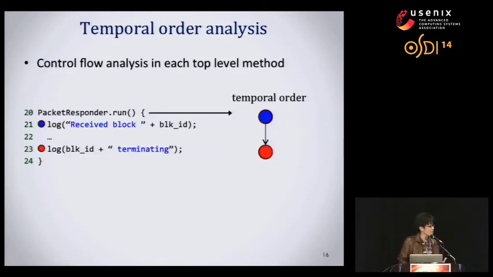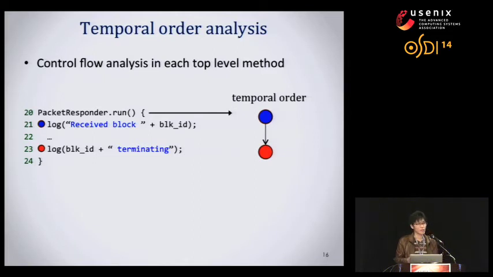Remember, the next type of information we need is the log temporal order. And lprof performs a control flow analysis on a call graph in each top-level method to infer this temporal order. In the example, the receive block and terminating log messages are printed consecutively in packet responder, and lprof can infer this consecutive order between them.